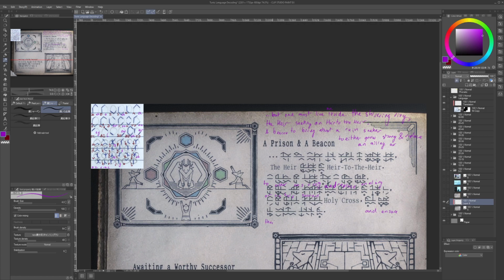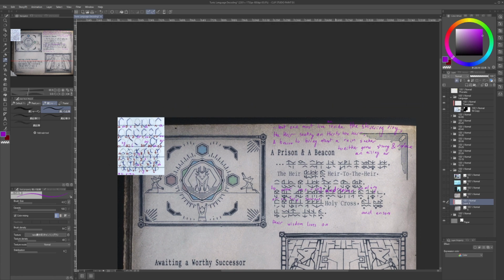Ensure there wisdom lives on. But one must live outside the shivering ring, the heir seeking an heir to the heir, a beacon to bring about a ruined seeker to either grow strong and replace an ailing heir, or to ensure, or to hold sacred holy cross and ensure their wisdom lives on.